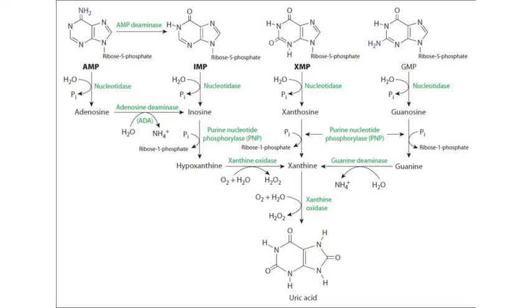Exactly. Guanine can be directly salvaged by attaching a phosphoribosyl group to it, forming guanosine monophosphate, or GMP. That means guanine doesn't have to go through breakdown into hypoxanthine or xanthine first. So both hypoxanthine and guanine have direct salvage pathways, keeping things as efficient as possible for the cell.